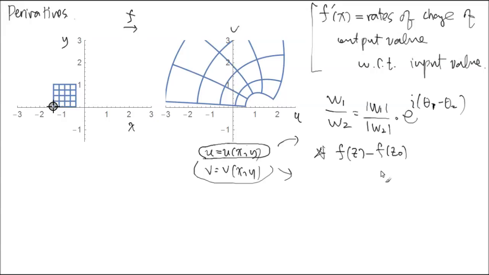Would that be right? Here it is going to be a vector, right? And divided by what? How do you calculate the secant line in real input value? It's z minus z0, right? If z and f are real valued functions, this will be the slope of the secant line, remember? So we took just that algebraic formula and try to give a meaning to this one.